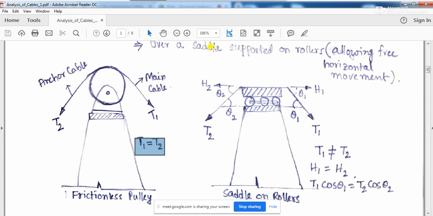Okay, so when you are talking about a saddle supported on rollers, this is your main cable, and this is your anchor cable. So if the main cable has a tension T1, then your anchor cable will have a tension T2, and in case of a saddle support, this T1 will not be equal to T2.